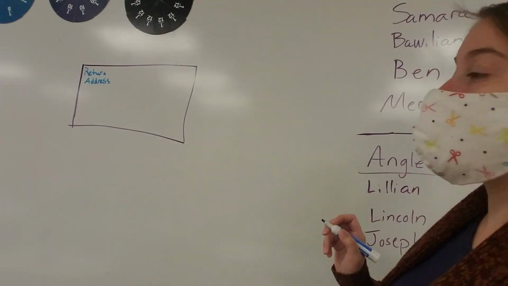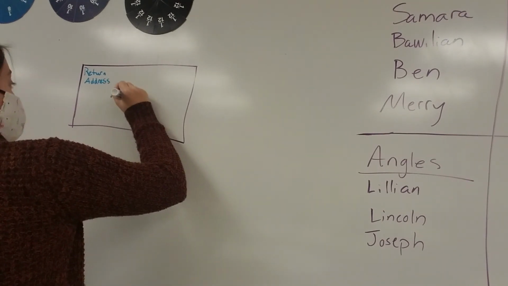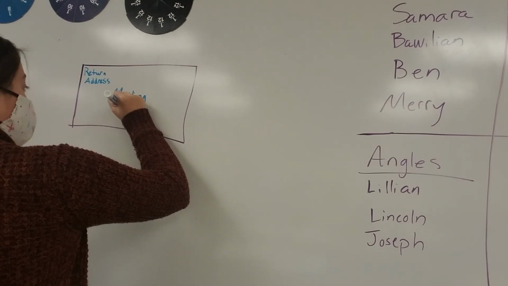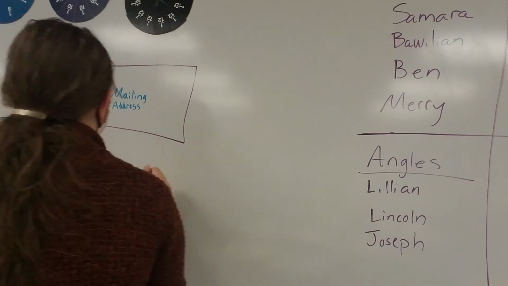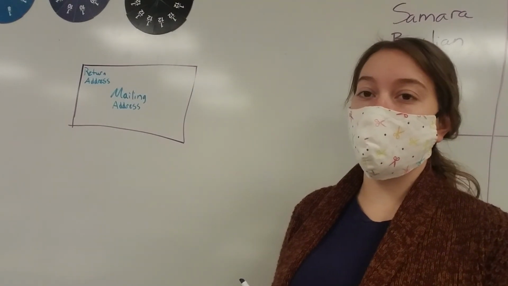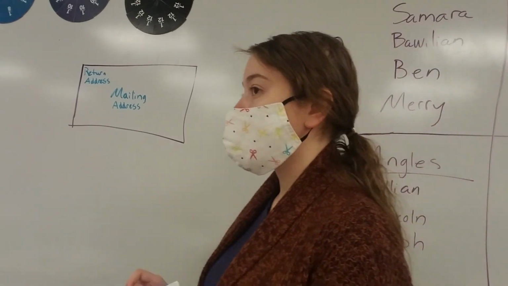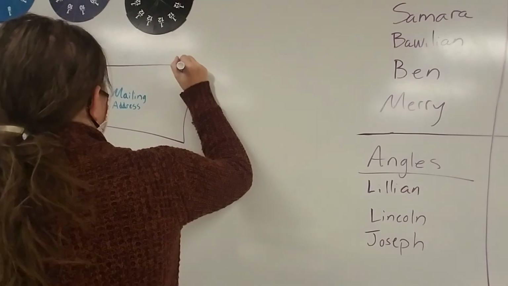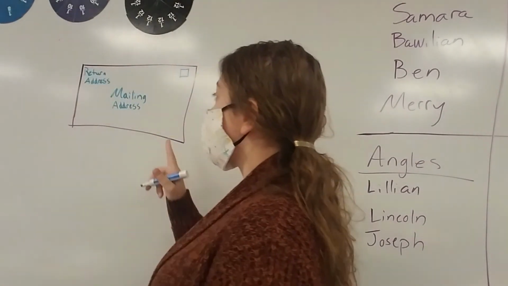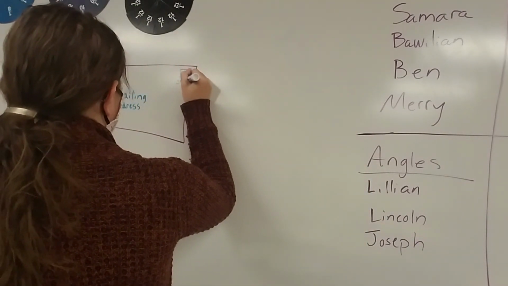Then in slightly bigger letters, I want you to write mailing address in the center of your envelope. In the center of your envelope, you write mailing address. And in the top right corner, I want you to draw a little box, and under it write stamp.